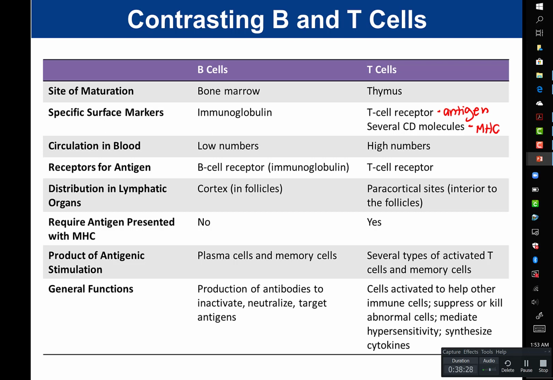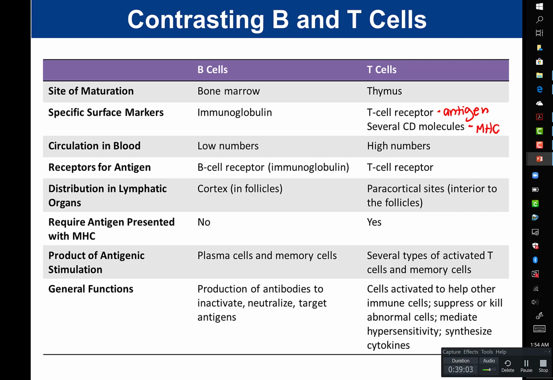Require antigen presented with MHC. B cells, no. They don't require MHC presentation, but T cells, yes. And again, that's because the T cells have those CD molecules which recognize the appropriate MHC. In terms of product of antigenic stimulation, B cells are going to produce plasma and memory cells. T cells are going to produce several types of activated T cells as well as memory cells.